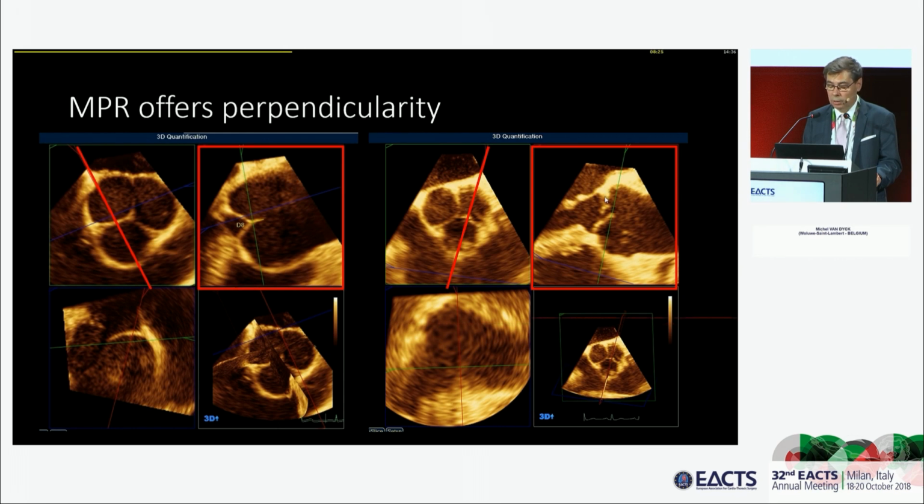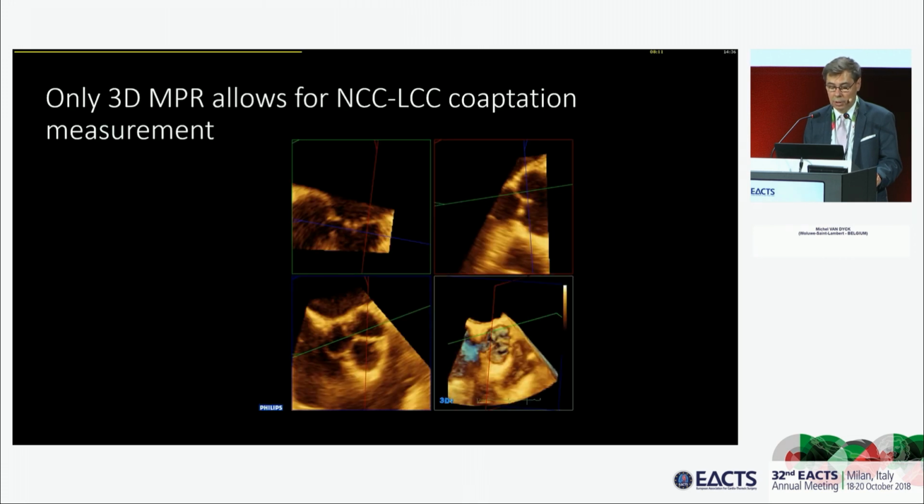And look here, there is the fibrous band, and here we clearly see that the posterior cusp, which is the left one, is prolapsing. So it discloses a prolapse of the left coronary cusp. So clearly, MPR is very useful. And moreover, MPR is the only way we have if we want to measure the coaptation between the non and the left coronary cusp, which we cannot do with 2D echo.